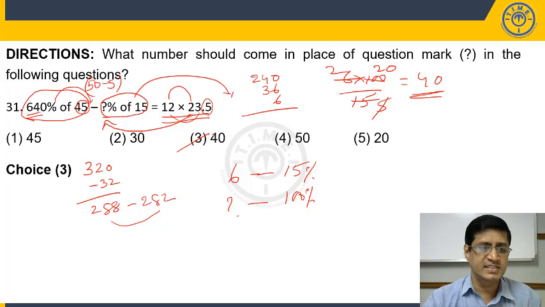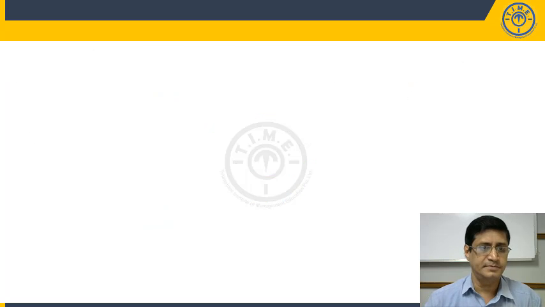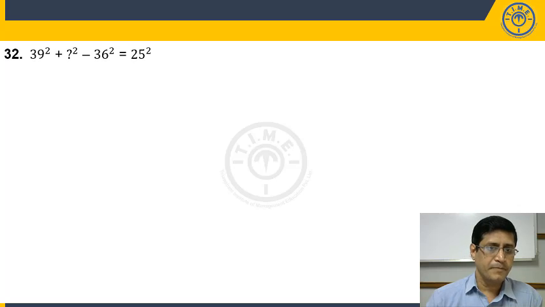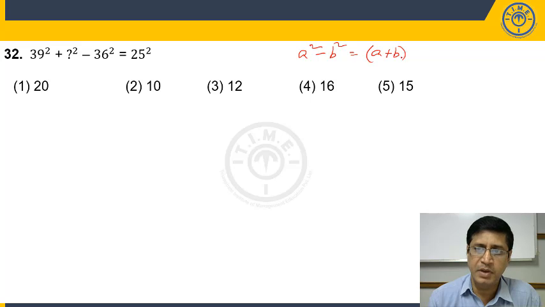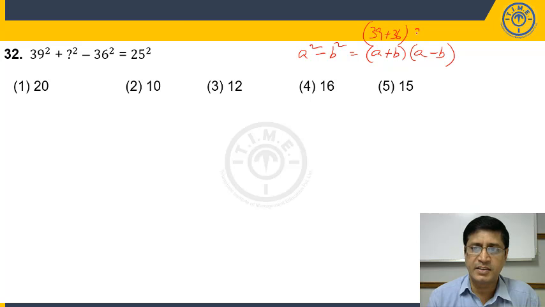Okay, now look at the second example on your screen. 39 square minus 36 square. So it is in the form of a square minus b square. What is the expanded form of this? (a plus b) into (a minus b). So a plus b means 39 plus 36, and 39 minus 36. So what is the result?